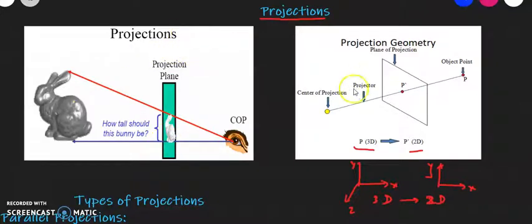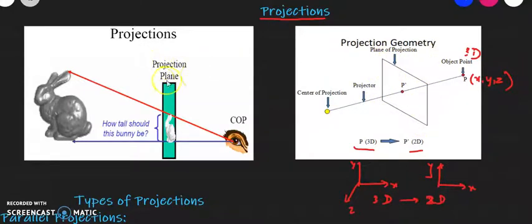So what are the essential requirements for projections? Any object point in 3D is called P, with X, Y, and Z. Then I need one plane, and that is a 2D plane.